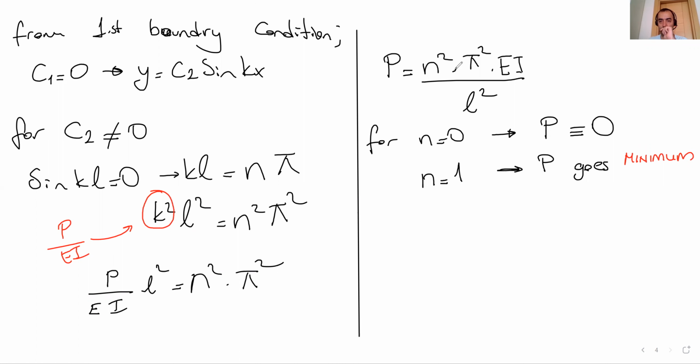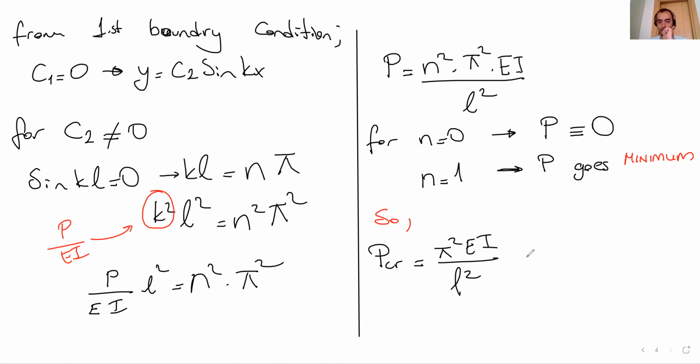So here, what are you going to do? P critical equals pi square EI over L square.